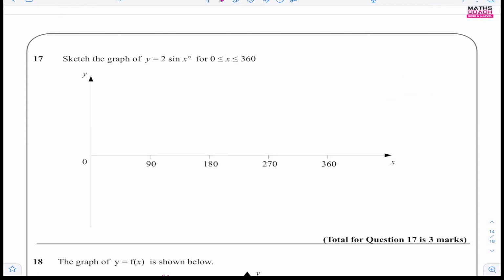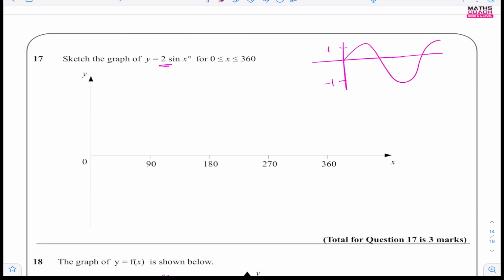Question 17. Sketch the graph of y is equal to 2 sine x for the region 0 to 360. So what happens when you have this 2 right there? It multiplies all the y coordinates by 2. Now originally the sine graph goes up to 1 and the minimum point is -1. So it looks like that.